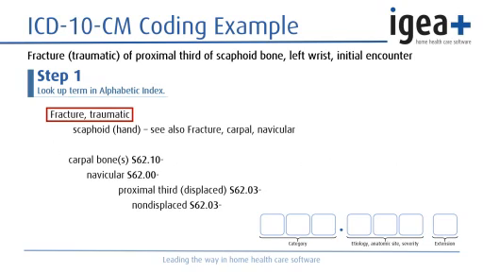So when we look up fracture, traumatic, scaphoid, hand in the index, there are no sub-entries, and a note directs us to see also fracture, carpal, navicular. If we look up fracture, carpal bone, navicular, under carpal bone, there is a sub-entry for proximal third displaced with code S62.03 listed.